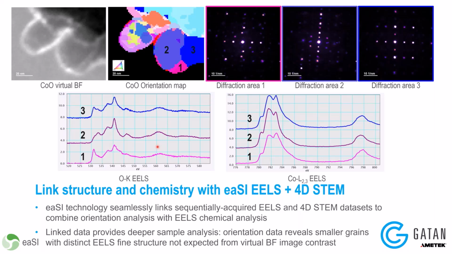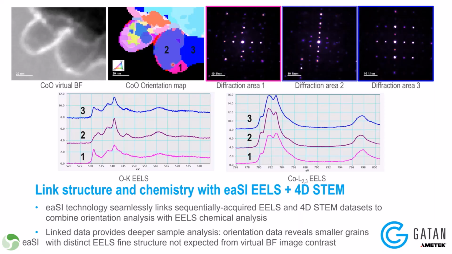And so that made us look at the EELS data a little more closely. And although we assumed we were just working with 2+ cobalt oxide, we can see by looking at the fine structure of both the oxygen K edge and the cobalt white lines that there are some quite notable differences in the fine structure of these EELS edges at these different regions of what we thought initially was just the same cobalt oxide particle.